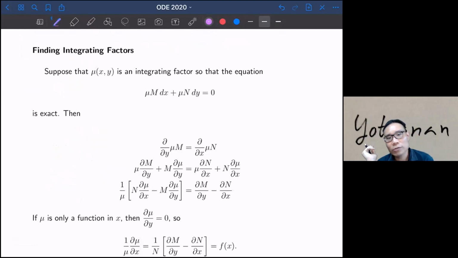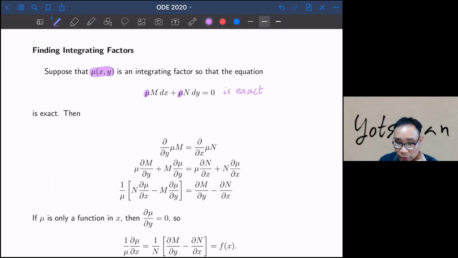So we have mu(x,y) is an integrating factor. So if you have mu(x,y) as an integrating factor, you're gonna multiply mu to the whole equation. Okay, so after you multiply mu to the whole equation, it's gonna make the equation turn out to be an exact equation. Okay, so this one turned out to be exact.